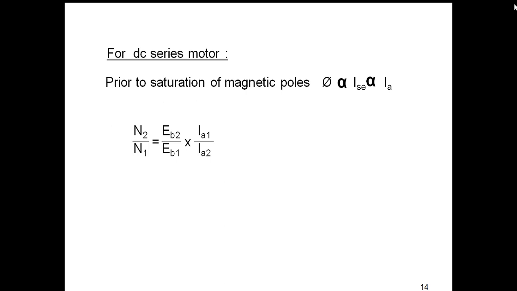From that, we can write N2 by N1 is equal to EB2 by EB1 into IA1 by IA2. This is from the previous formula, that is N is proportional to EB by phi, and EB is equal to V minus IA RA.